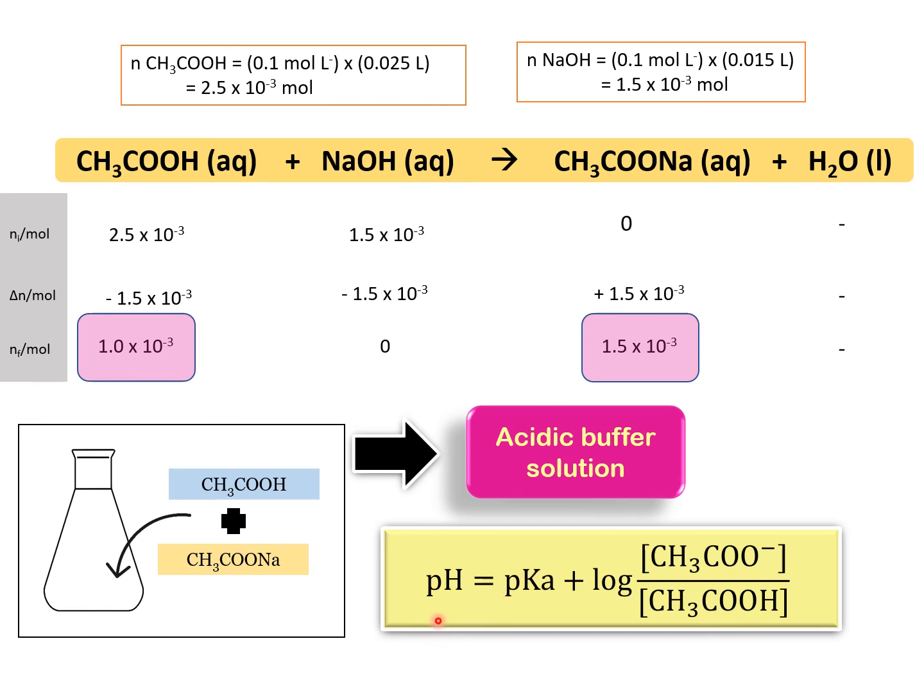So, kita gunalah pH equals to pKa plus log the concentration of conjugate base over concentration of your weak acid. Dan dekat sini sepatutnya ada kurungan. Okay, so saya letak, kita kurungkan dia. Okay, dekat sini.